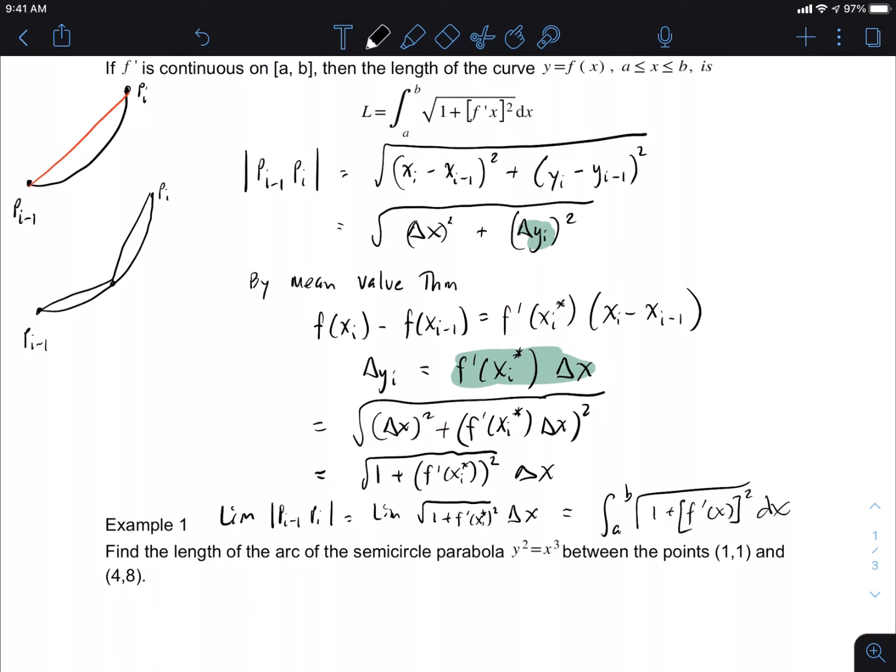Does that make sense? Yeah, it's just simple.